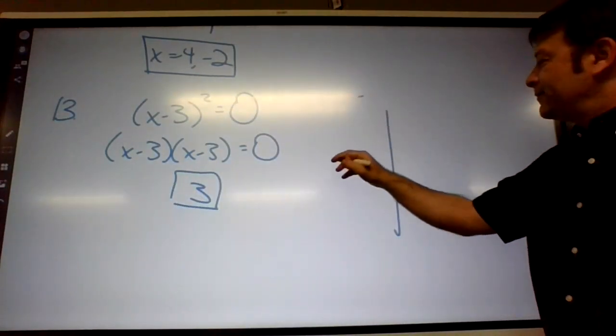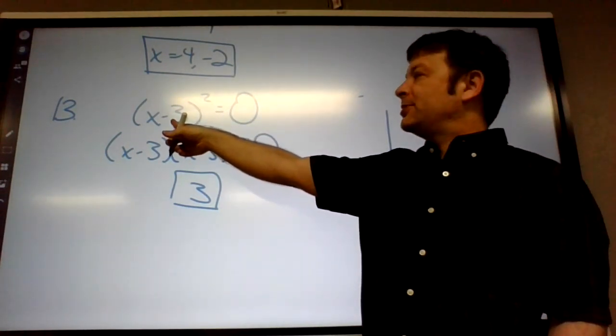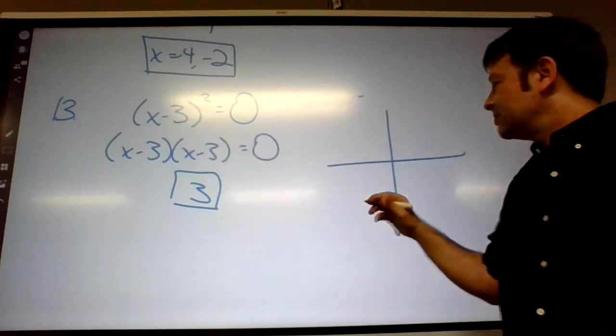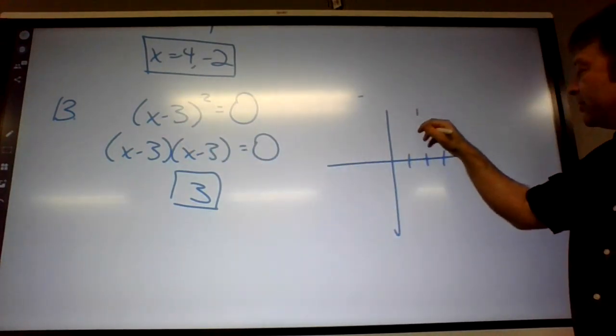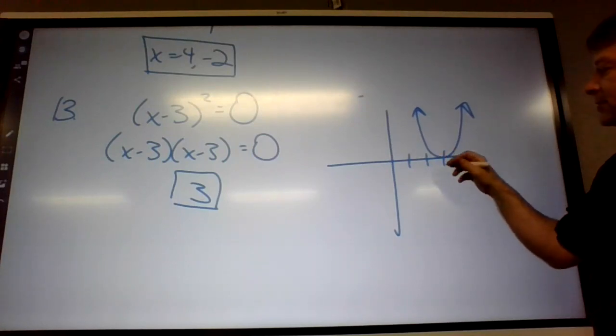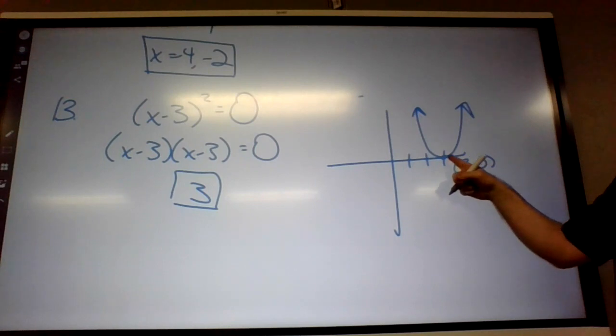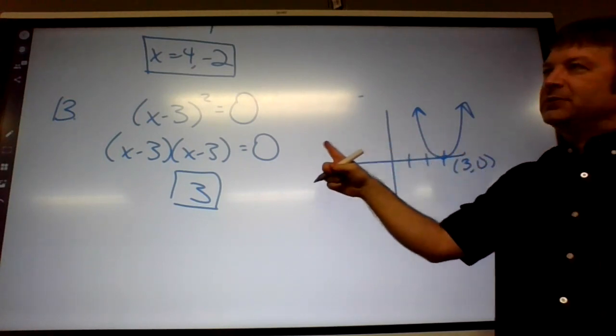On the graph, what does this do to the graph of a parabola? What's the minus 3 do? Makes it go right 3. So on the graph, it would just be a parabola that hits the x-axis at 3. Like the vertex would be at 3, 0. So it's the x-intercept, 3, 0.